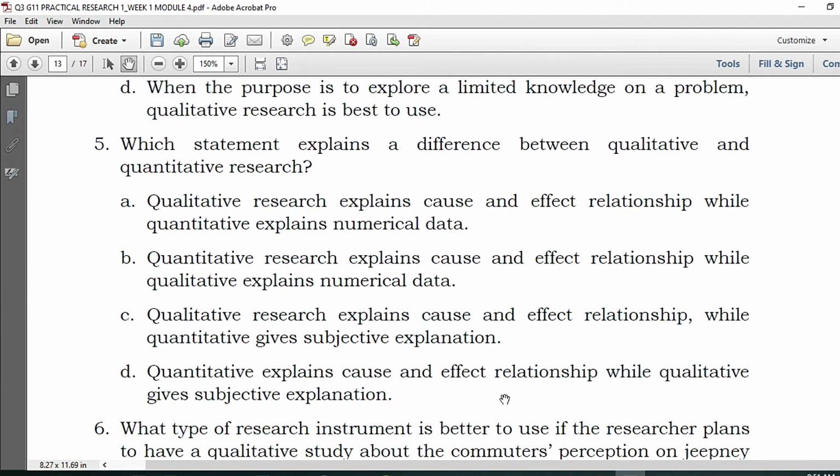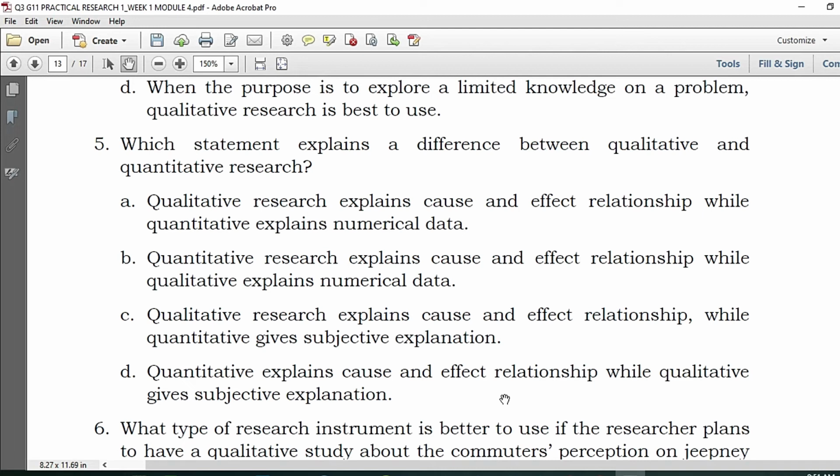Okay, let's go to number 5. Which statement explains a difference between qualitative and quantitative research? A. Qualitative research explains cause and effect relationship, while quantitative explains numerical data. B. Quantitative research explains cause and effect relationship, while qualitative explains numerical data.